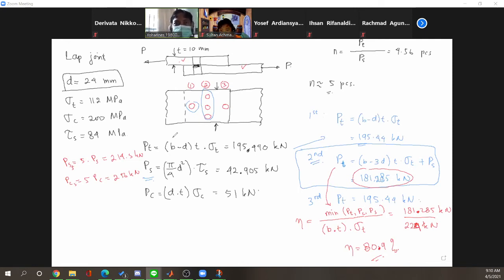Only half of them. So if you use the double strap butt joint, you will need 2 times the total number of rivets found in the calculation. So in the previous example, we calculated that we need to use 5 rivets, but in the joint we put 10 rivets, 5 on the left side and 5 on the right side. So that's how the lap joint and double strap butt joint differ. Is it clear for you?